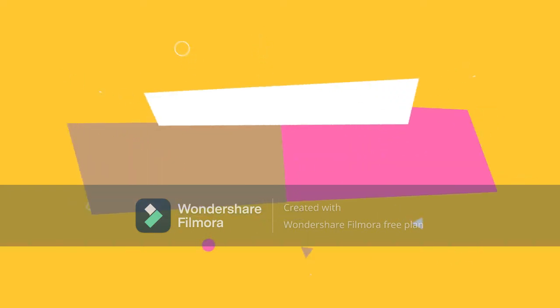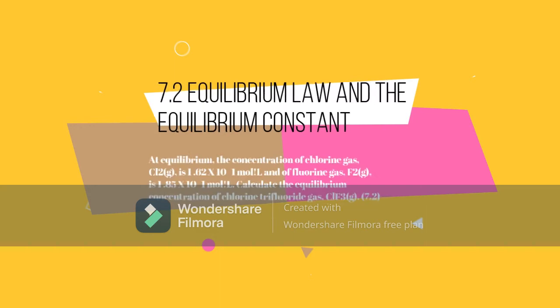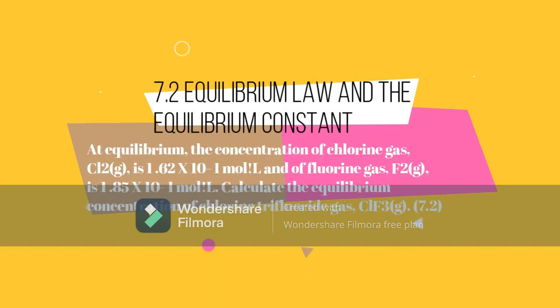The second question is from 7.2, equilibrium law and the equilibrium constant. This question states, at equilibrium, the concentration of chlorine gas is 1.62 times 10 to the negative 1 mole per liter, and of fluorine gas is 1.85 times 10 to the negative 1 mole per liter.